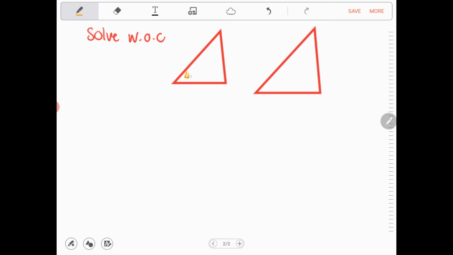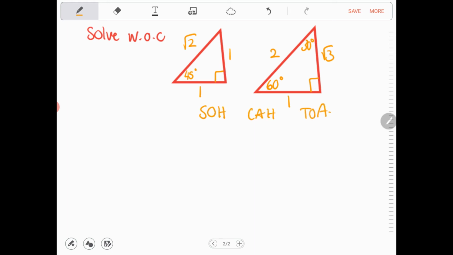So this is my 45-degree triangle. 1, 1, root 2. And this is my 60 and 30-degree triangle. 1, 2, root 3. And we're going to use SOHCAHTOA to help us. Okay. So the question would go something like this.